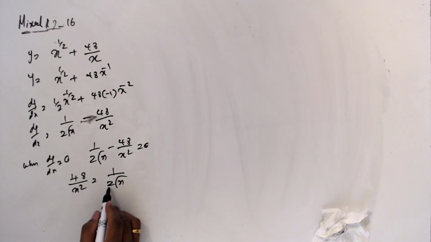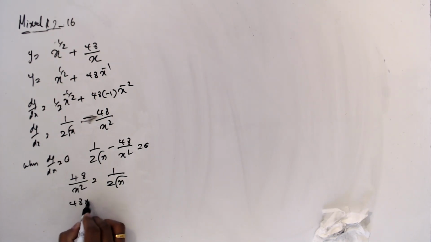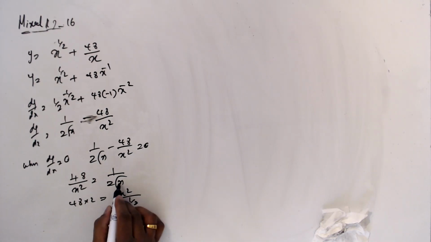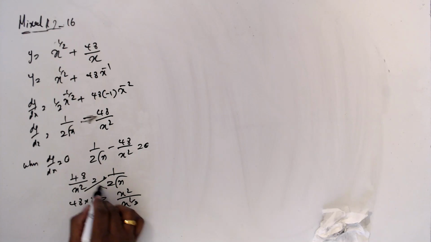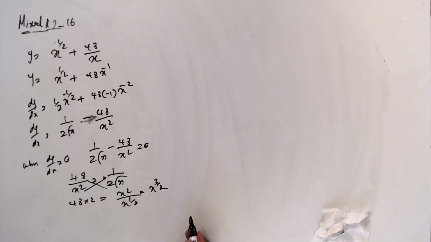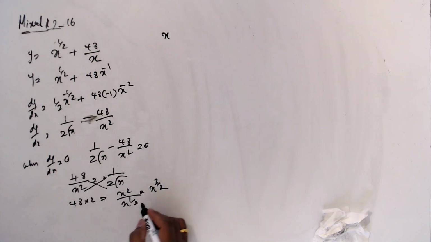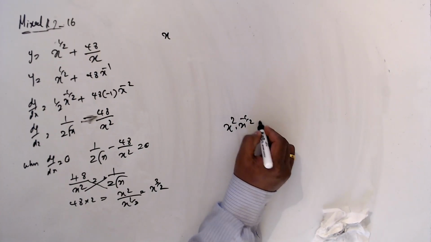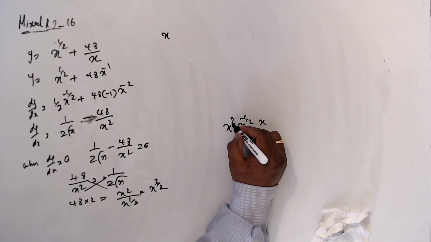Now I'll bring 2 here, 48 times 2. This is x squared over x square root x. This is going here, so this is going to be x^(3/2) when you simplify, because x^2 minus x^(-1/2).